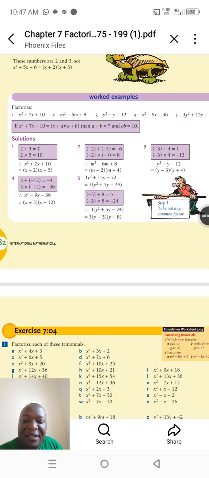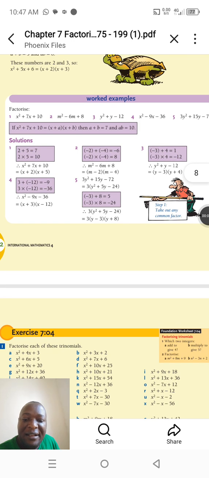To get that product of 10, we take the coefficient of x squared, which is 1, and the constant number in the expression, which is 10. So 1 times 10 is 10. So two numbers that give us a product of 10 and a sum 7, and 7 is the coefficient of x. And those two numbers are 2 and 5.